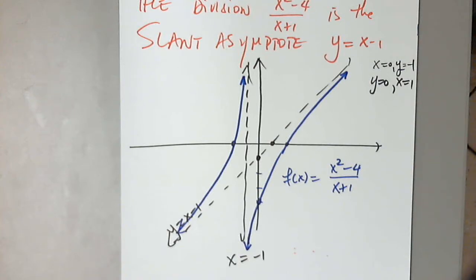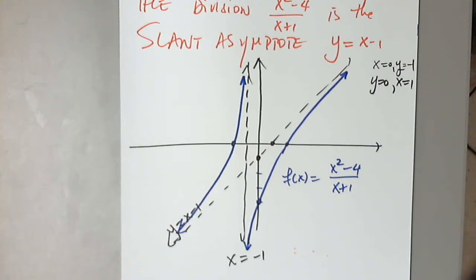The calculator would not graph it. So assuming we use the standard viewing window, let's see what we get. Here's the function, and here comes this slant asymptote. And as you see, the function gets closer and closer. We say it approaches asymptotically, no?